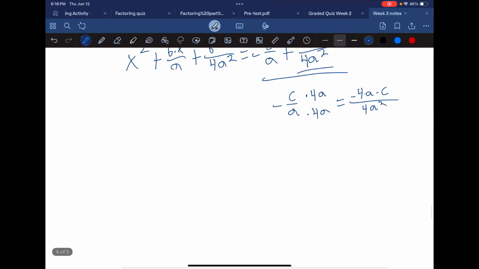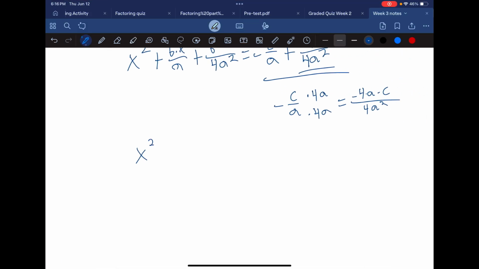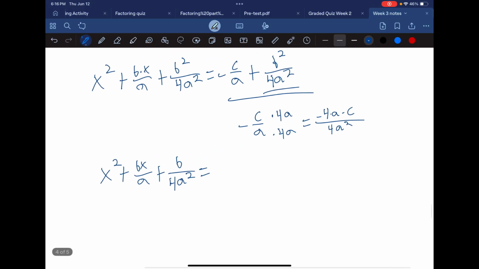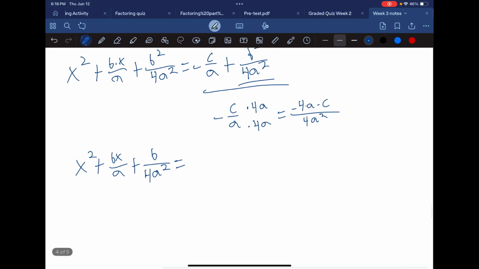All right, so we have x squared plus bx over a plus b over 4a squared equals negative 4ac over 4a squared plus b squared over 4a squared.